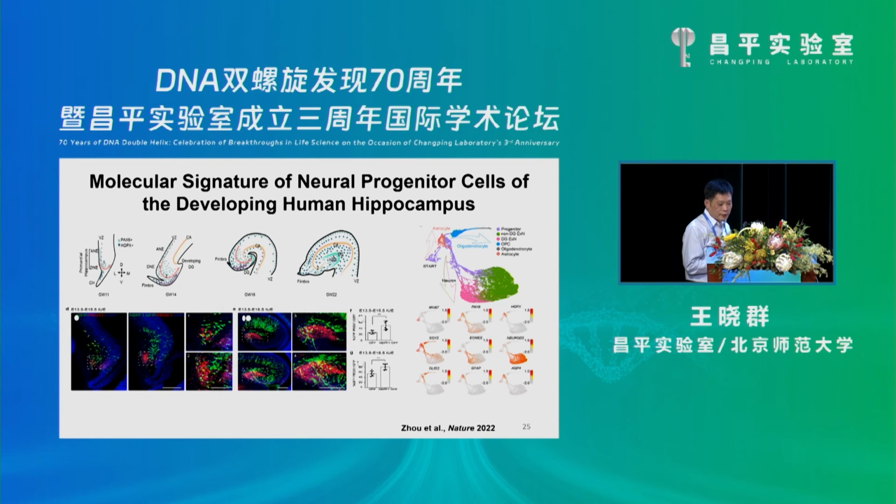Further, we also did a detailed analysis of neuron progenitor cells, highlighting the unique developmental features in the trajectory of neuron progenitor cells for the hippocampus, which is related to learning and memory in the human brain. We also found some human-specific genes related to specific subtypes of neuron progenitor cells for the hippocampus.